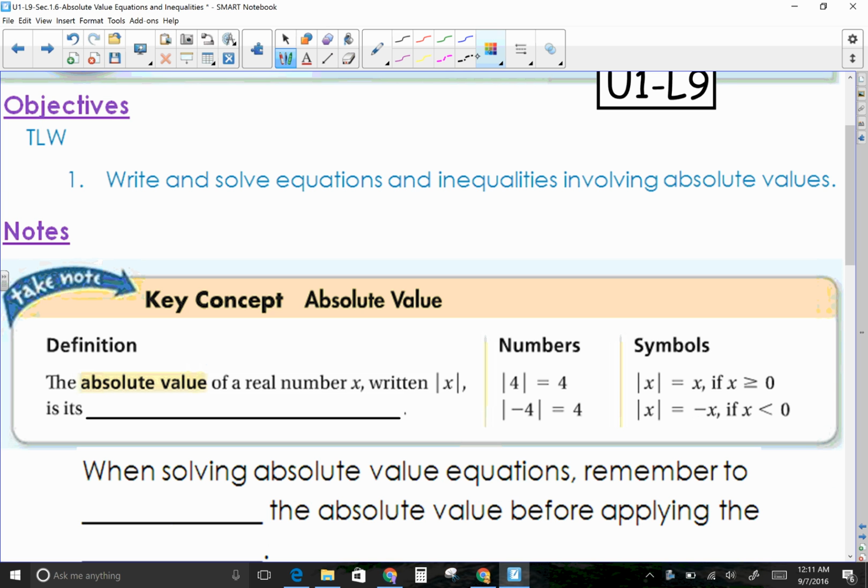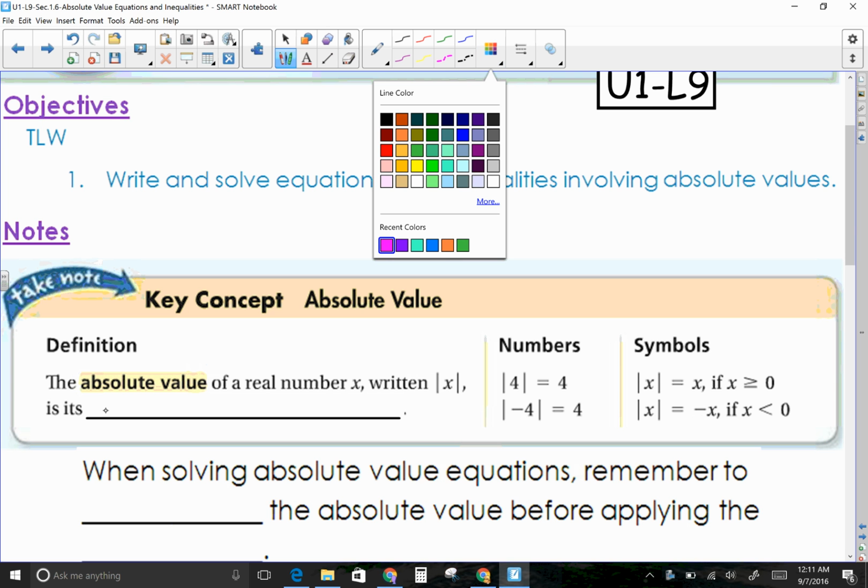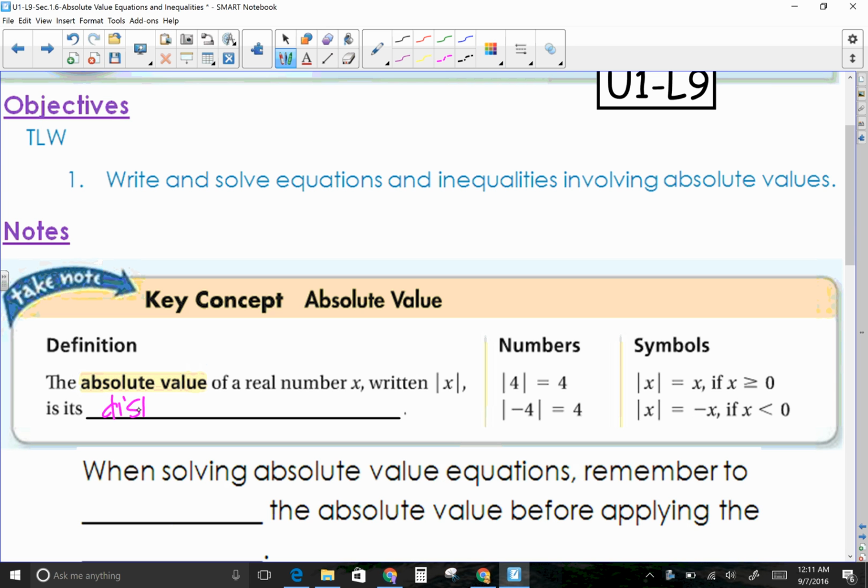Now, my classes today were able to tell me that absolute value represents the distance that a number is from 0. So we have the numbers and we have symbols.